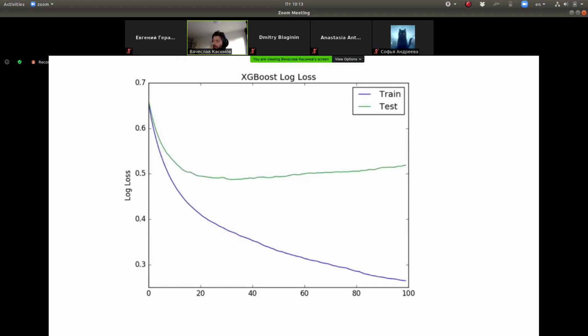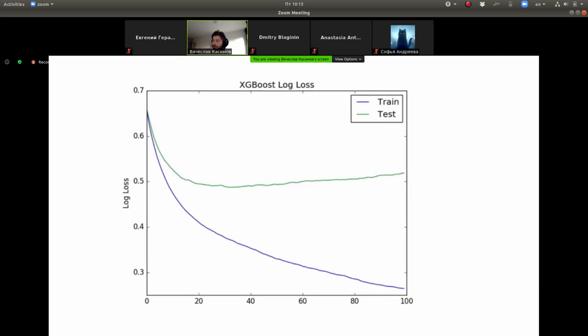Let's see now for boosting. And you see that it's a completely different story. So what we have here, again, is the loss, and this is the number of estimators in our ensemble.